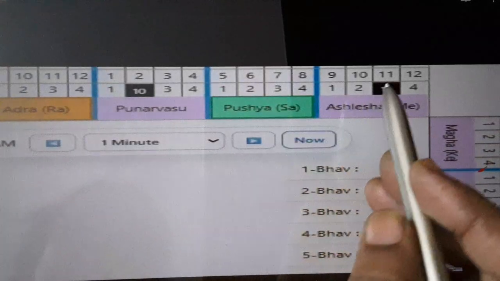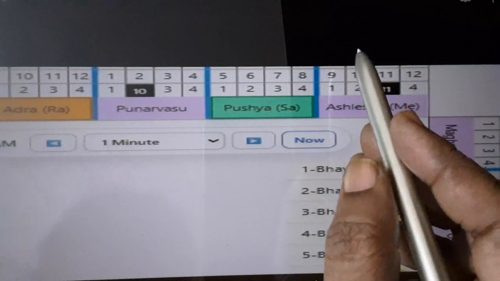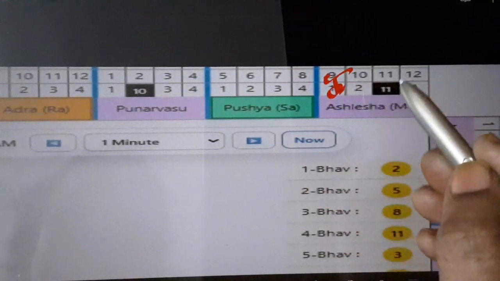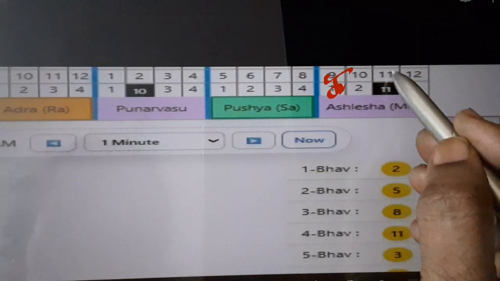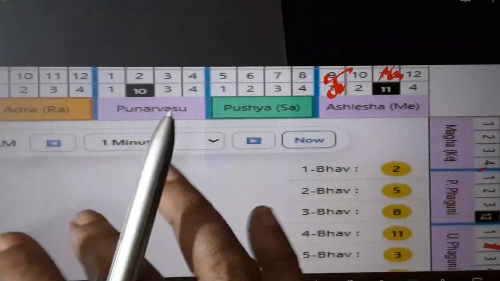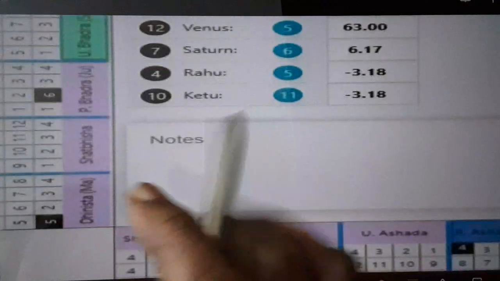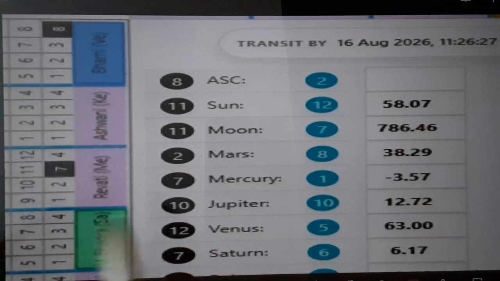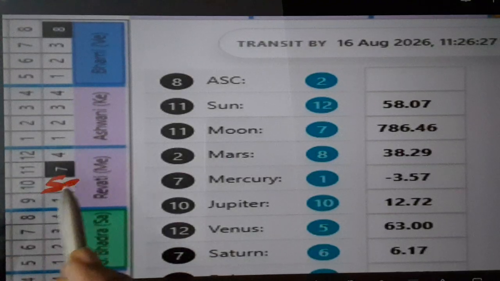Now in the back of our mind, we should know that Jupiter is in the first pada of Aslesha. Here Jupiter is posted and Mercury is posted here, and Rahu is posted on Dhanishta fourth pada. These are all in the back of the mind. We have to establish these things. And Saturn is on Revati second pada.